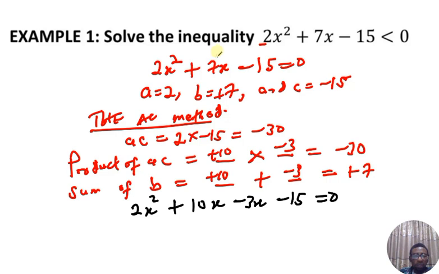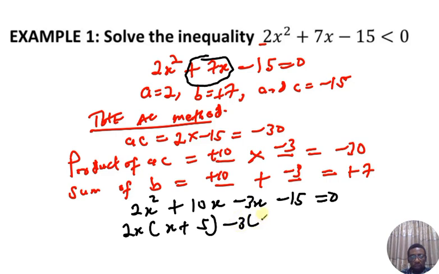More like I just replace the b part, plus 7x, with plus 10x minus 3x. So what I will do at this point is factorize. What is common here? I will have 2x brackets x plus 5, and then minus 3 brackets x plus 5 as well, equals 0.